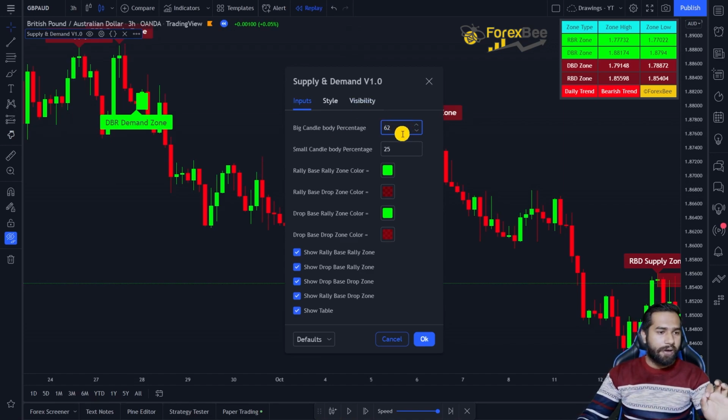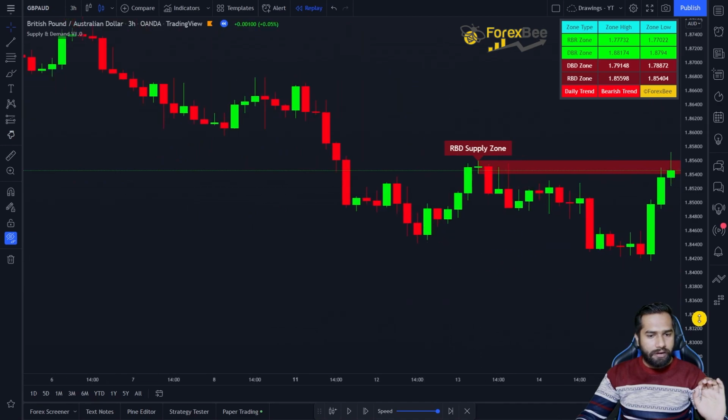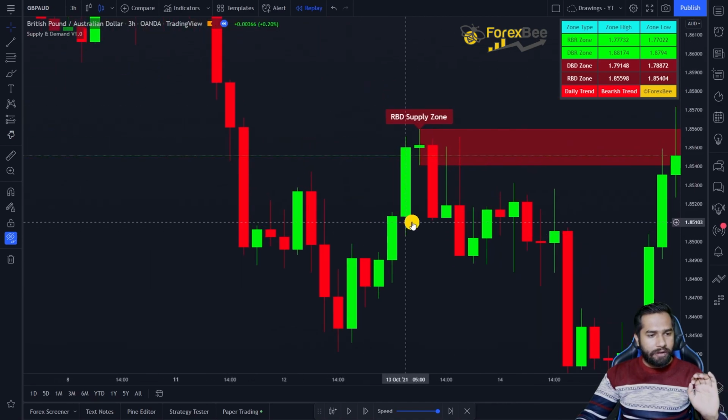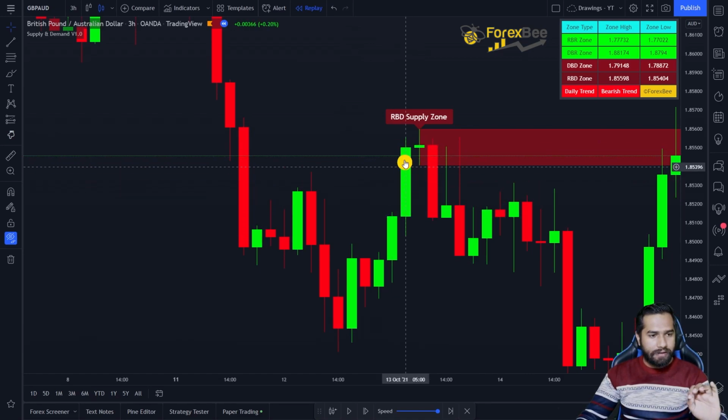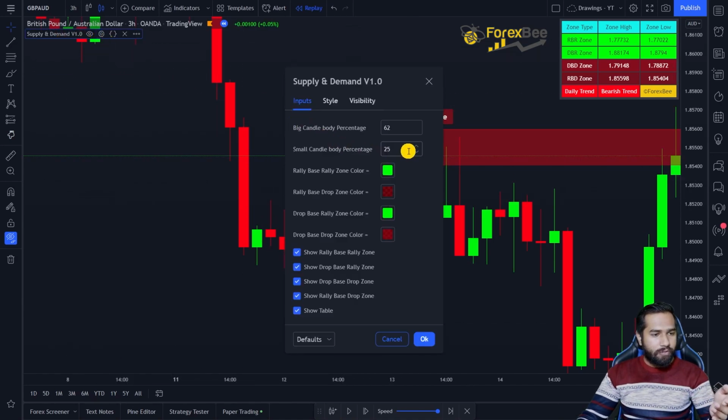Here you can see I have put 62 for the big body candle percentage, which means that the overall body of this candle should be greater than 62%. As you can see here, the body of this candle is greater than 62%. And then I have also put the small body candle percentage should be less than 25.